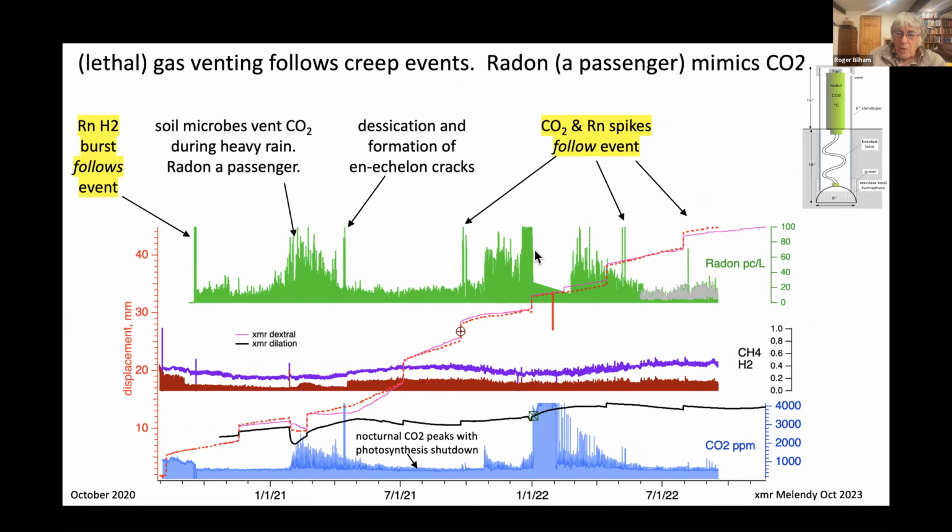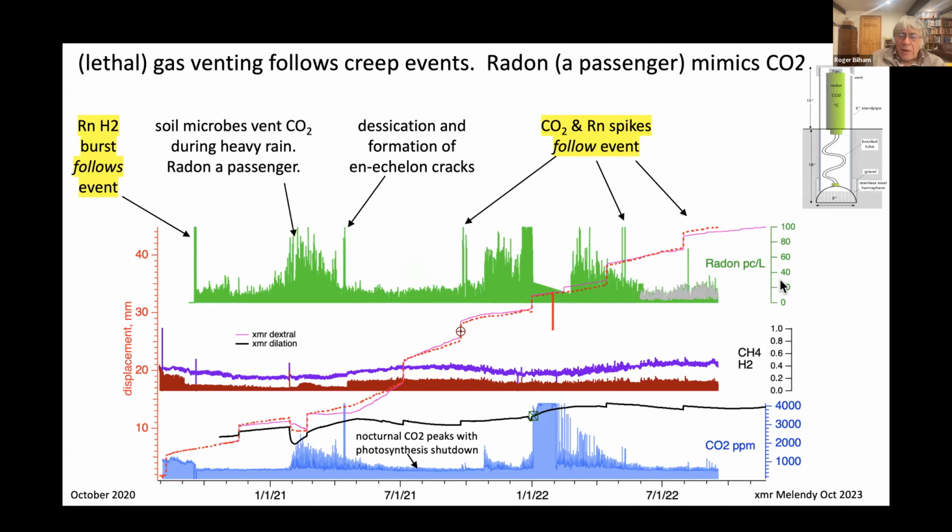There are places where one instrument isn't working, one gets clipped and so on. But the important thing to notice is that the levels of these gases are enormously higher than you might expect. Here, the radon level in January 22 went up to beyond 100 picocuries per liter.